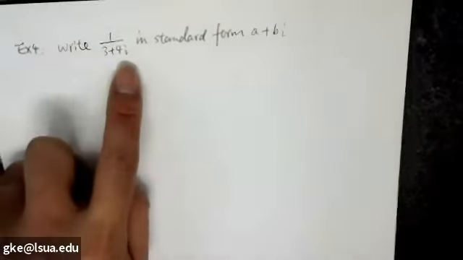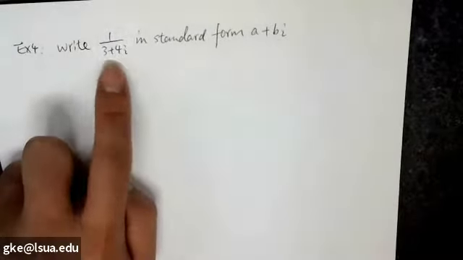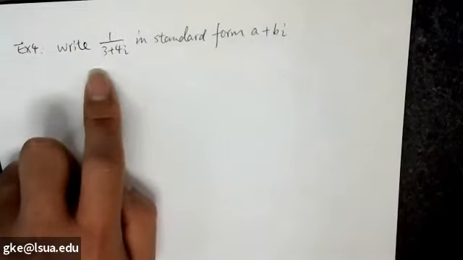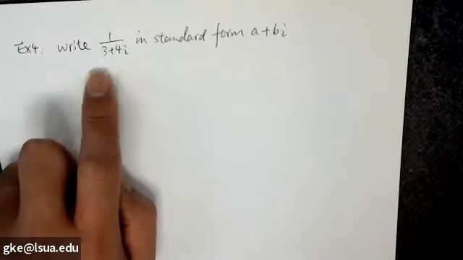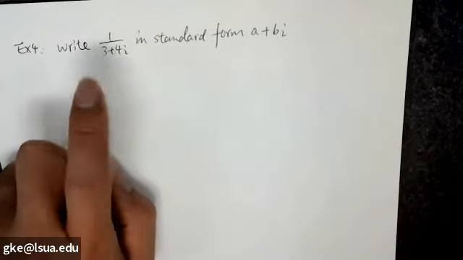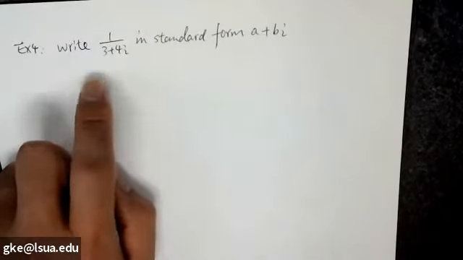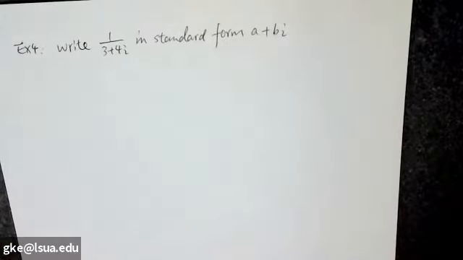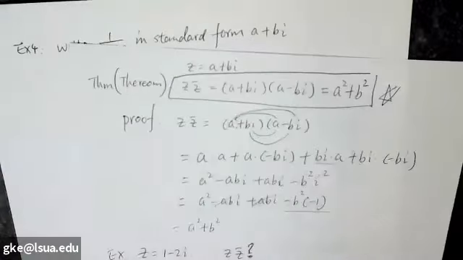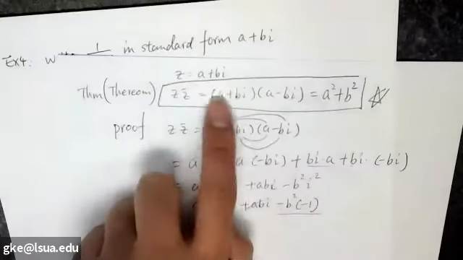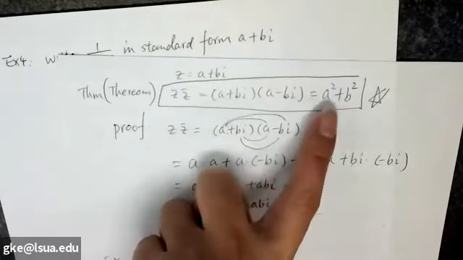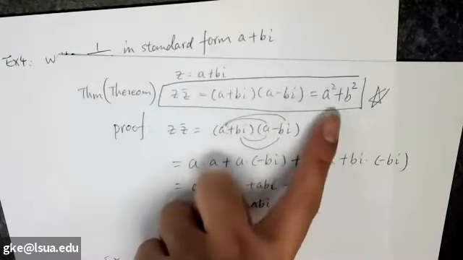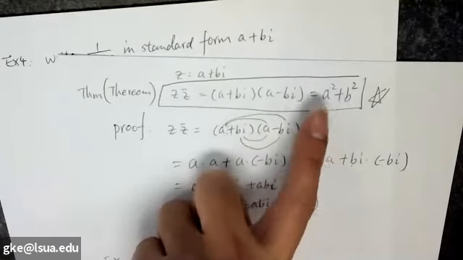Here, basically the idea is we want to remove the i from the denominator. We want to remove that i, okay? That's our strategy. How to remove it? We're gonna use the formula here. Here we have i, but after we do the multiplication, we get a real number.